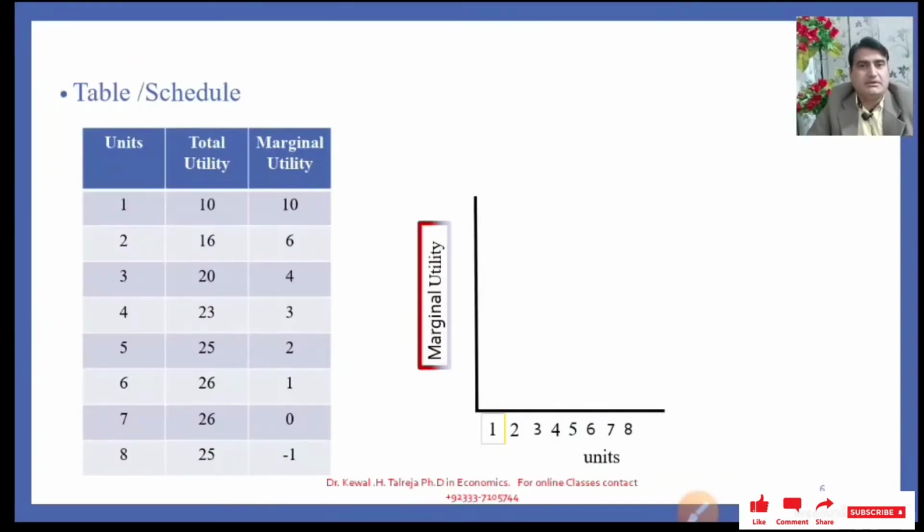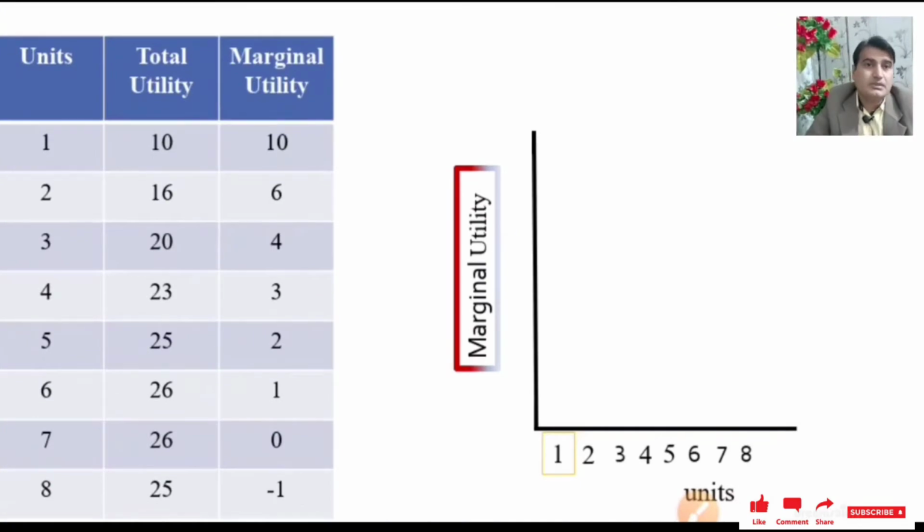We are taking a table. The table shows the schedule. By eating the first banana, the total utility of the consumer is 10 and the marginal utility is 10. By eating the second unit of banana, the consumer gets total utility 16, because initially the consumer has a great appetite, or his want was urgent, and he feels great satisfaction from the first unit of consumption.